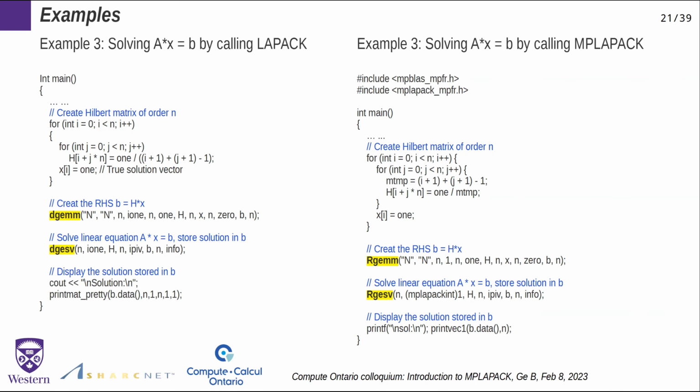In MP Lapack, we replace all the prefix D, S, C, Z in the Lapack routines with a letter R. It is the same for any precision, regardless of whether we want double precision or single precision or arbitrary precision, and regardless of the underlying multiple precision library we're using, the interface is the same. It's always R, followed by the original Lapack routine name. Okay, that's the naming convention.